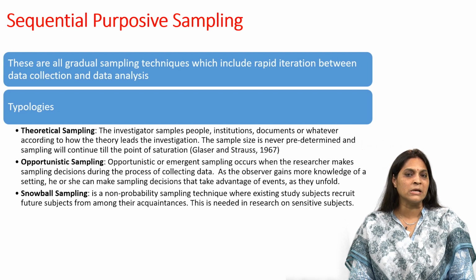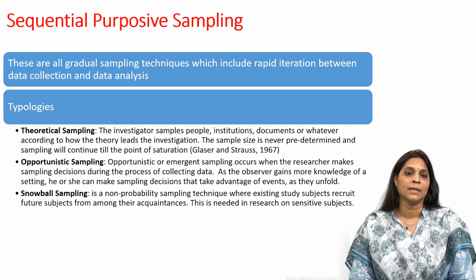And the first, which is very predominantly used in qualitative research, is called theoretical sampling. Now, what is the meaning of theoretical sampling? Theoretical sampling was introduced by Glaser and Strauss in 1967 when they wrote their treatise on a very important framework of qualitative data analysis, which they called grounded theory.